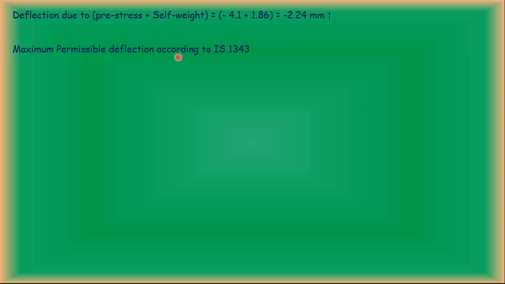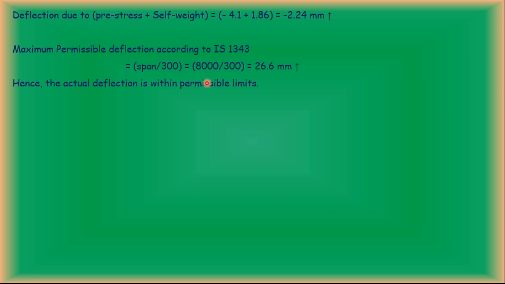Maximum permissible deflection according to IS 1343 is span divided by 300, that is 8000 divided by 300, which comes out to be 26.6 mm. Hence the actual deflection is within the permissible limit of IS 1343.